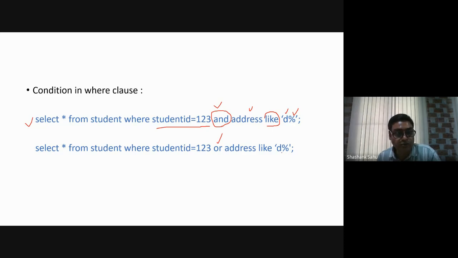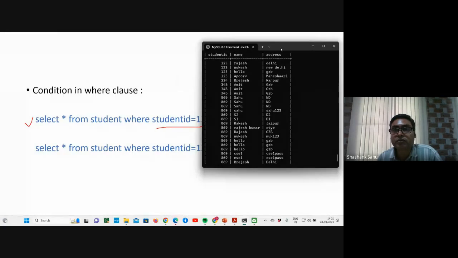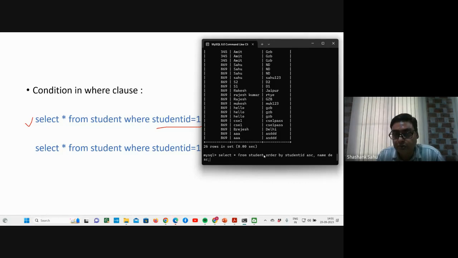Okay. So I am showing this query. Make the changes in the query here: where student ID equal to 123, and we are taking address like D percentage, semicolon.